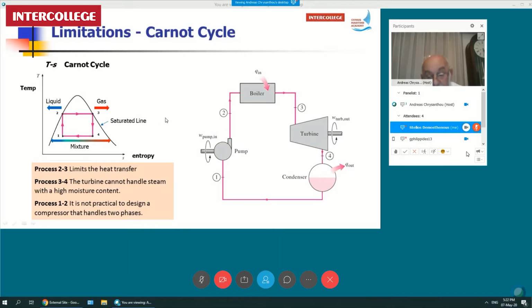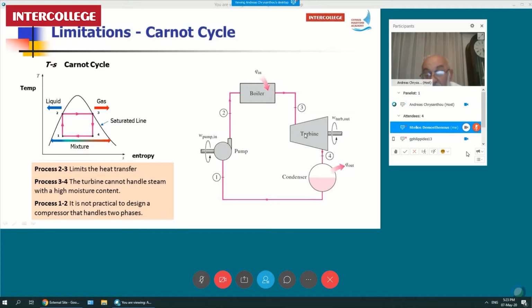However, here we can automatically see some practical problems. These two systems here, the turbine and the pump, cannot operate in a two-phase mixture. This is a two-phase mixture. As you can see, it's a mixture of liquid and vapor, and these two systems cannot operate on that.